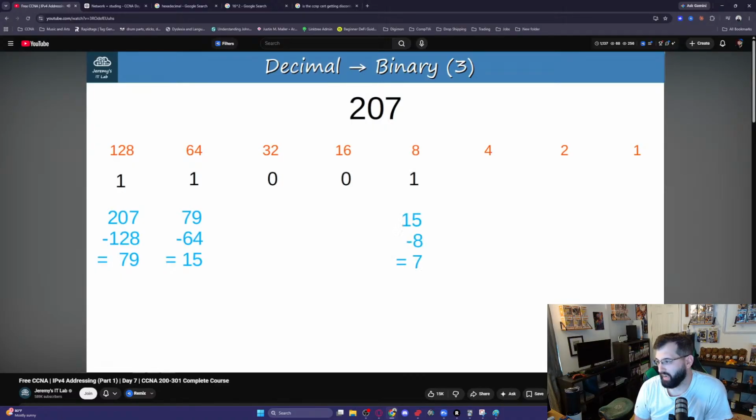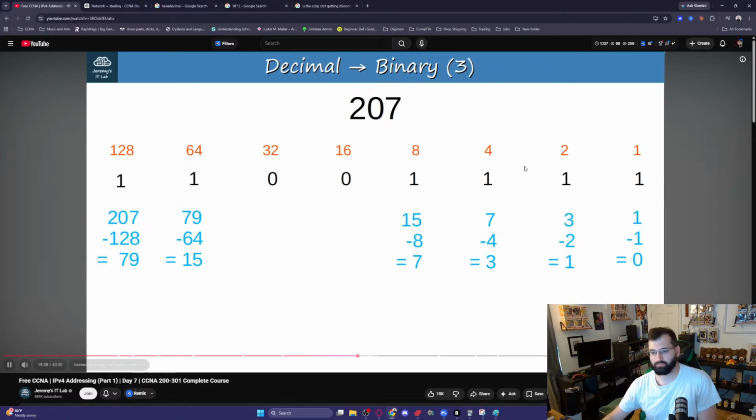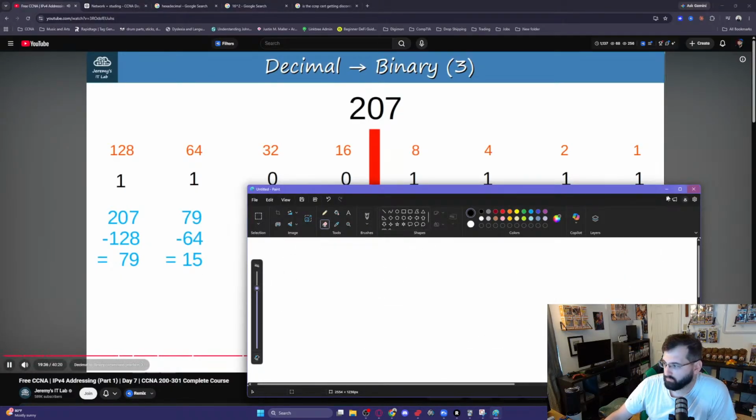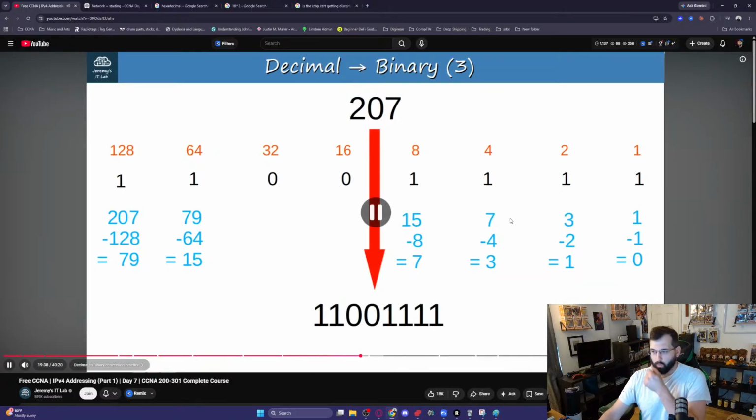Which means that's going to be 8, 4, 2, 1. Subtract 8 from 15 and write a 1 under 8. Subtract 4 from 7 and write a 1 under 4. Subtract 2 from 3 and write a 1 under 2. That's what I get for eyeballing. And finally, subtract 1 from 1 and you get 0. There's the answer. Decimal 207 is equivalent to 11001111 in binary.